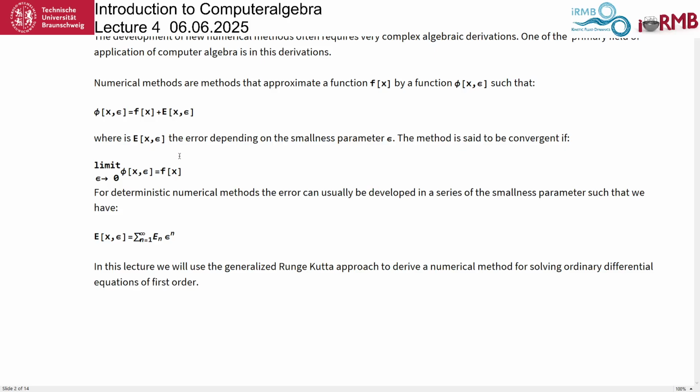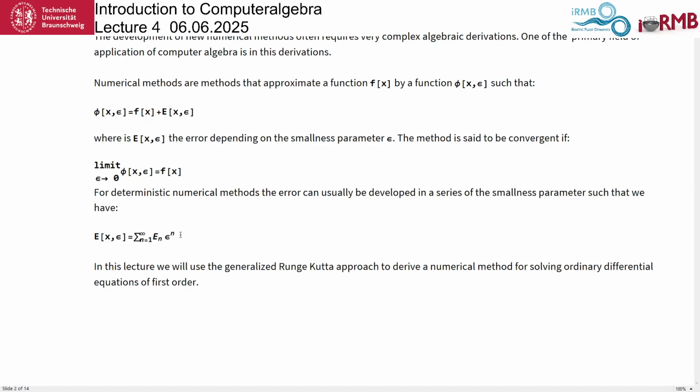You also need some limit on the error, and this limit is given by this epsilon, the smallness parameter, which controls the error such that if epsilon goes to 0, phi of x and epsilon is equal to f of x, which means that the error is a function of epsilon, and it has to approach 0 if epsilon goes to 0.